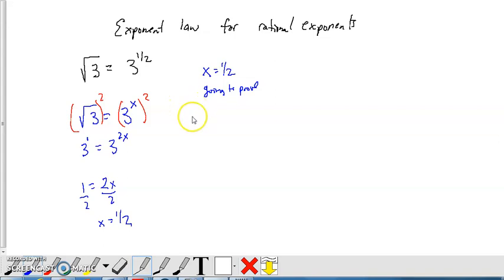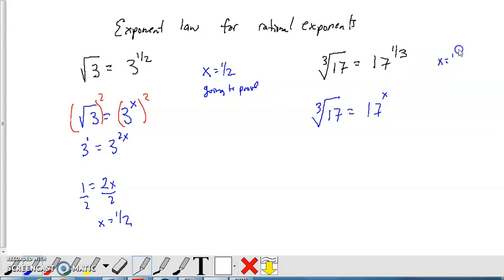And it would work for anything. So if I say I want to prove this one, the cube root of 17 is equal to 17 to the power of 1/3, right? So again, let's prove this. The first thing I'm going to do is rewrite it as 17 to the power of x, pretending I don't know what my exponent is. So again, I'm trying to prove that x is equal to 1/3.